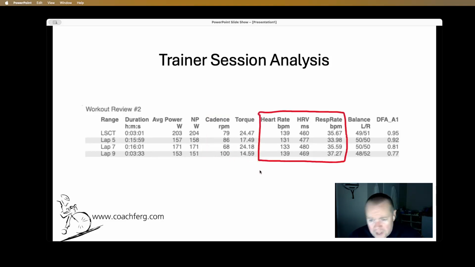But then you look at all the different heart rate metrics. 131 for the threshold, ramps up a little bit, but then the power also ramps up. More importantly, for the high cadence, the heart rate is up quite high.